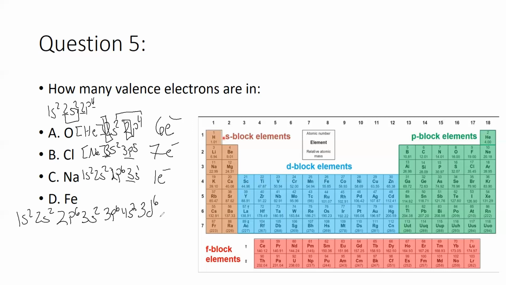The correct answer, based on how we've talked about this, is that iron has 2 valence electrons, because the highest energy level is 4. So you always go for the highest principal energy level. That's 2 valence electrons.